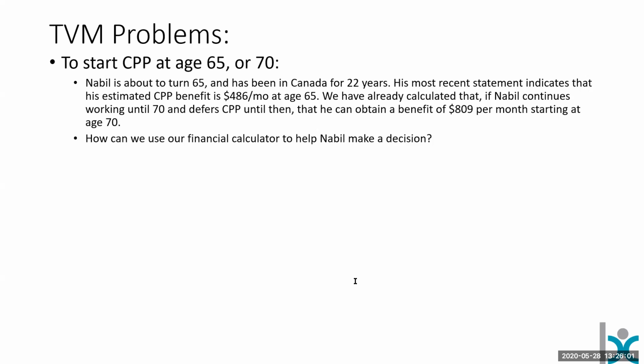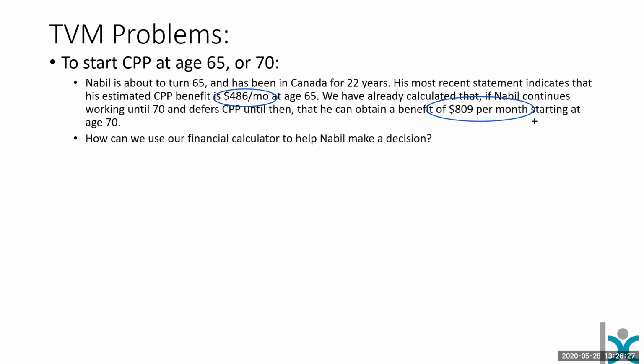Okay, so he's going to add 0.7% per month. Now I've already given you that calculation, so you don't actually have to worry about that because we're told he's got $486 a month if he starts at age 65, or $809 a month if he starts at age 70. So we've taken care of the extra 0.7% per month.